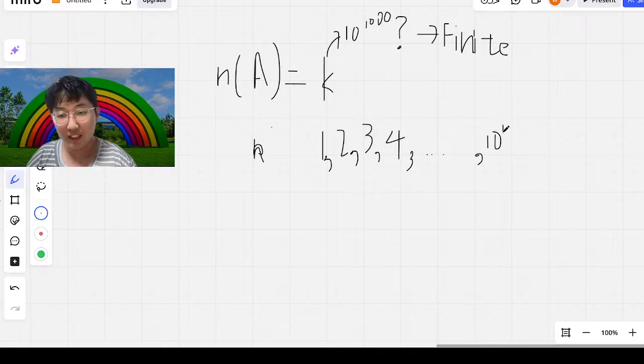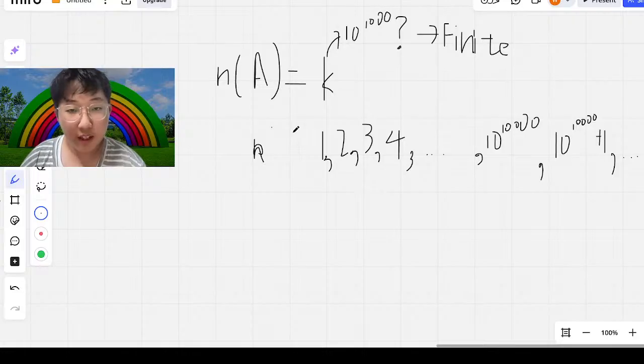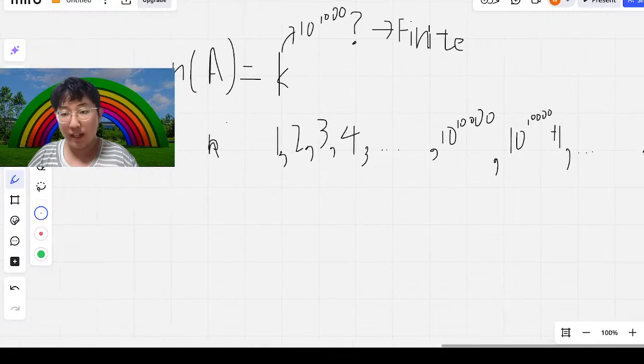Even if it reaches a number so big that you cannot imagine, you can add 1 and it will still go on. This is the set of natural numbers, right? It can get bigger and bigger, so this would be an infinite set because there wouldn't be an end to this.